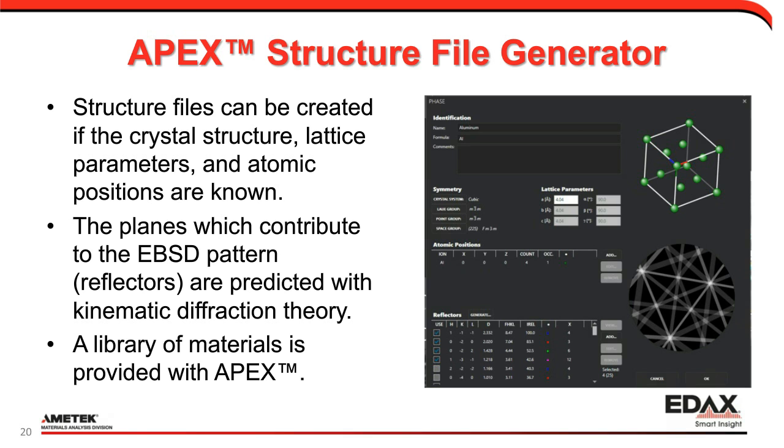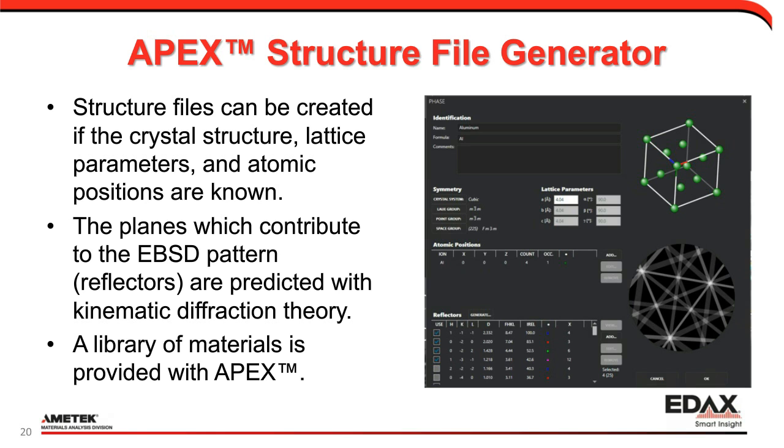That's what we see in the bottom left of that screenshot, and then we see a simulated pattern from that. If we know this information, you can get it from the web, from the Open Crystallographic Database, or from different books, articles and papers, you're able to input these and predict a crystallographic structure.